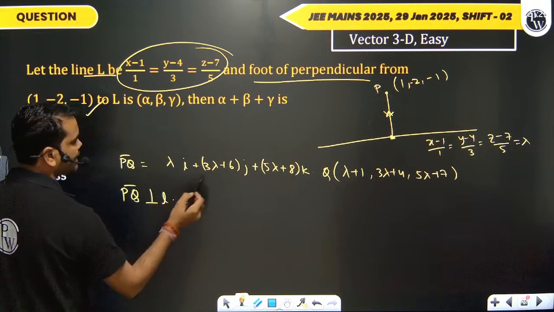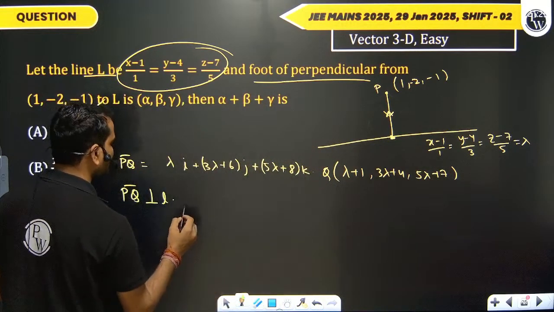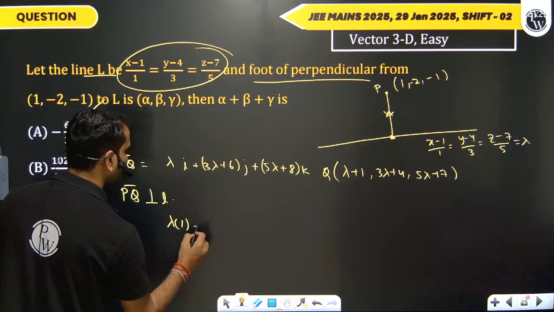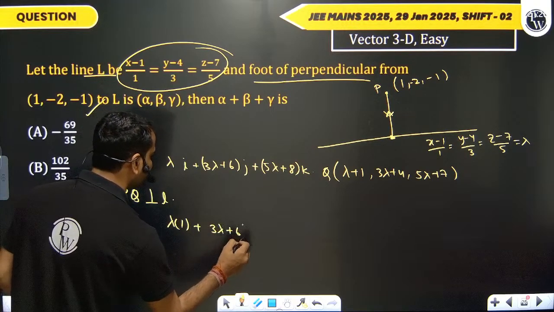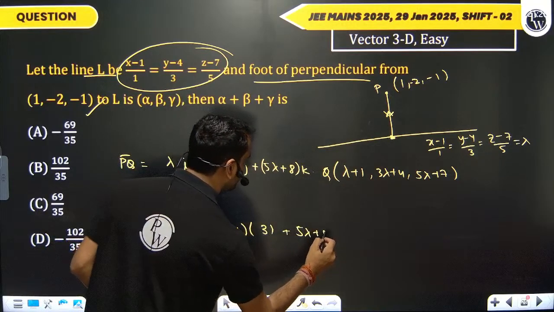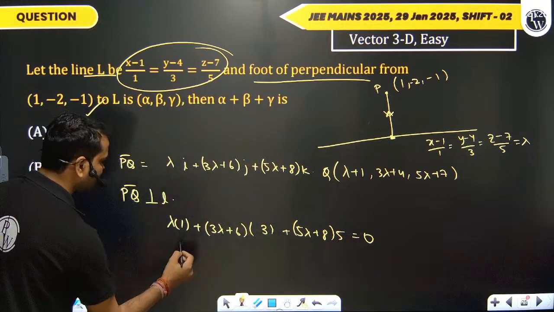So PQ will be perpendicular to the line. So we can take the direction ratio of the line, which is 1, 3, 5, and the dot product will become 0. So we can write lambda into 1 plus 3 lambda plus 6 into 3, and then 5 lambda plus 8 into 5 is equal to 0. You can calculate the lambda value from here.